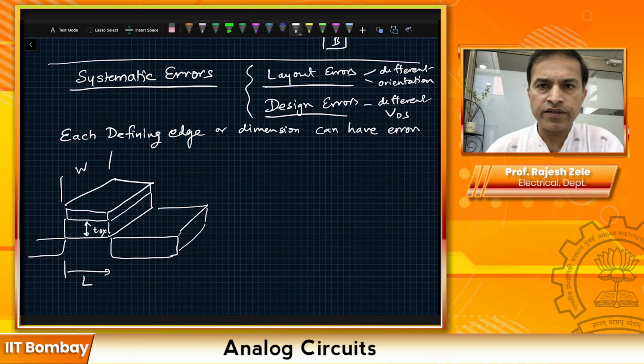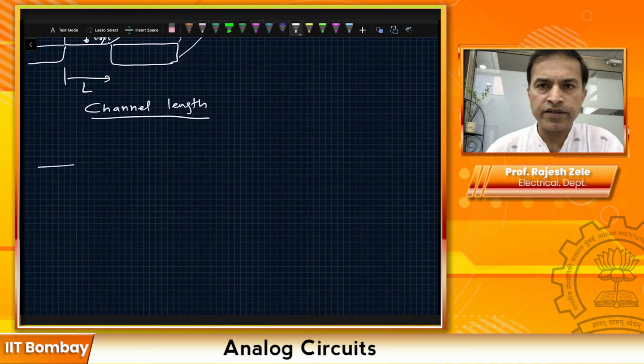Okay, so let's take an example of channel length. If you look at the transistor in a classic sense, this is the way it looks. The cross section looks like this: this is your oxide, and this is your gate. The hashed portion is your gate. And if you remember when we studied the transistor action, let's say this is your N plus.